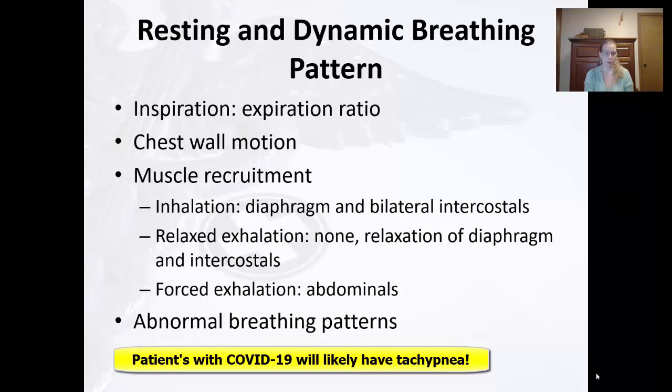A lot of physical therapists will actually palpate the IE ratio to make sure that they have it correctly. I find that it's easier to do it that way than actually trying to observe the patient. If you want to palpate it, the best place is on the abdomen below the xiphoid process. Remember that as soon as you put your hand on somebody's abdomen, they're going to probably stop or change the way they're breathing.